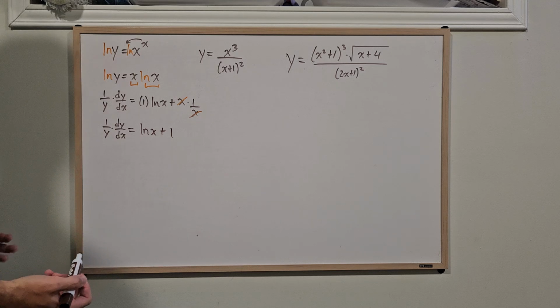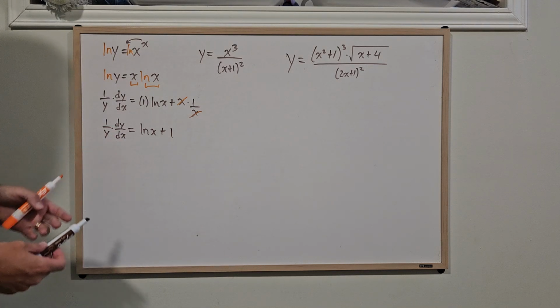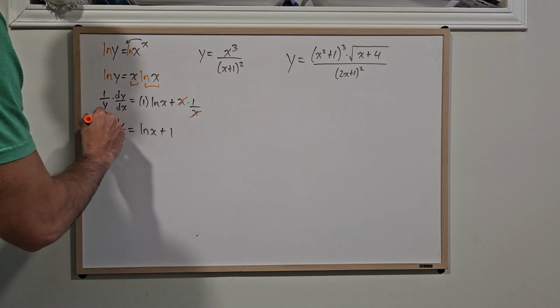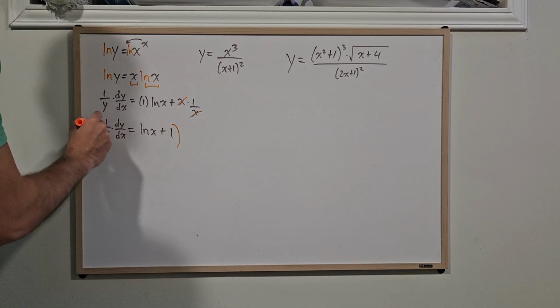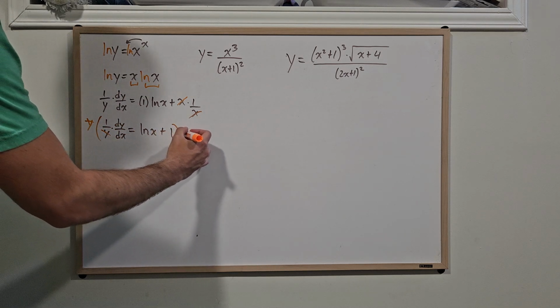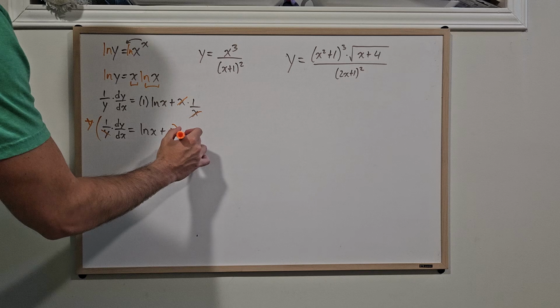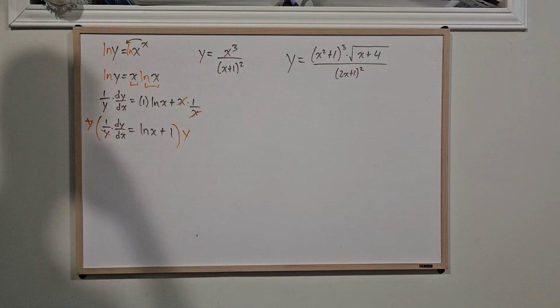Now what I want to do is isolate this dy dx over here. So we're going to have to multiply the whole thing by y. My y's on this side are going to cancel out, and I'm just going to be left with a y on this side multiplied by this whole thing.